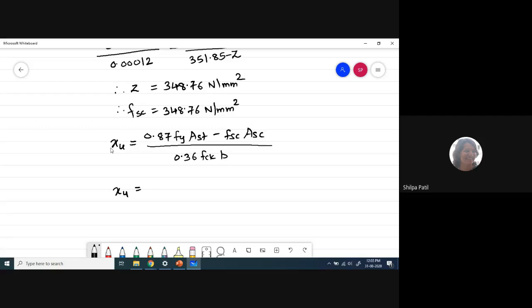That is 0.87 into 415 into AST, 1884.9, minus FSC 348.76 into ASC 628.3, divided by 0.36 into 20 into 300.